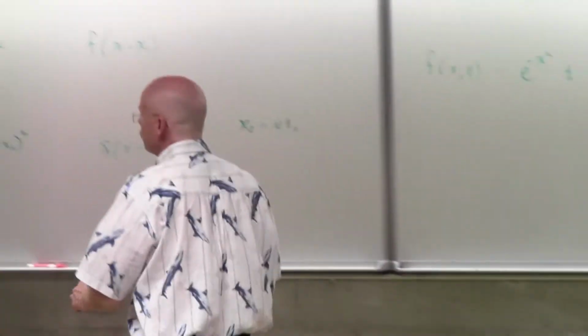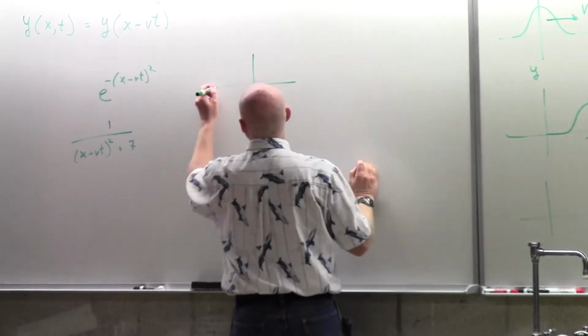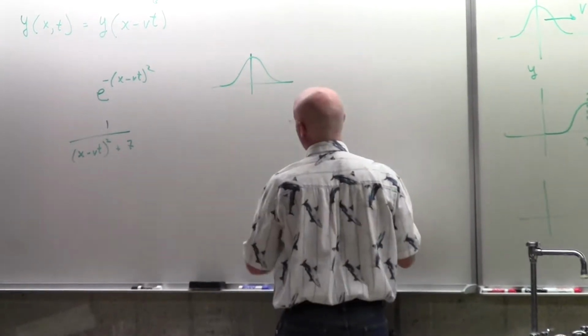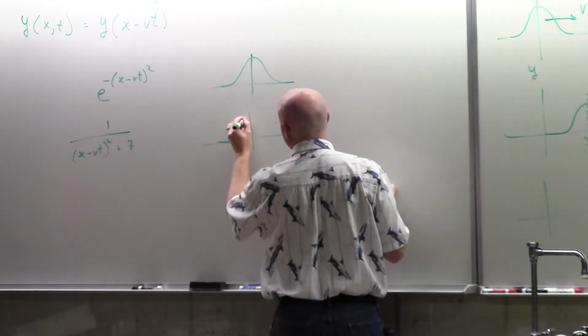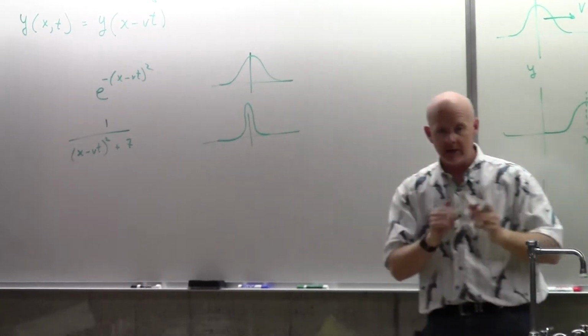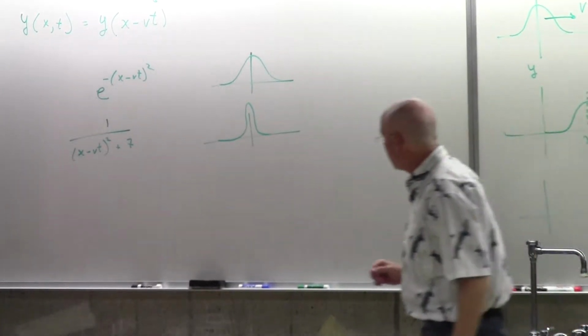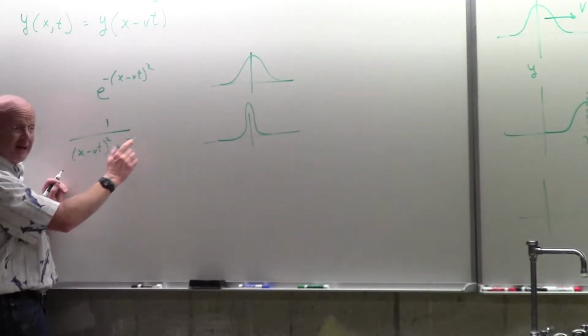In fact, maybe I should draw these pictures. This is what we usually call a Gaussian function. And so this is the bell-shaped curve we were talking about. This is what we call a Lorentzian function. It's kind of got that same look to it. It's a little narrow, a little taller in its fashion. And you can kind of see at x equals 0 and time equals 0, it peaks at 1/7.